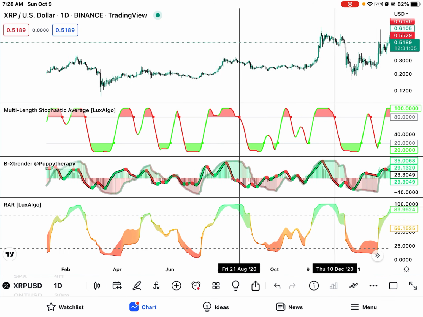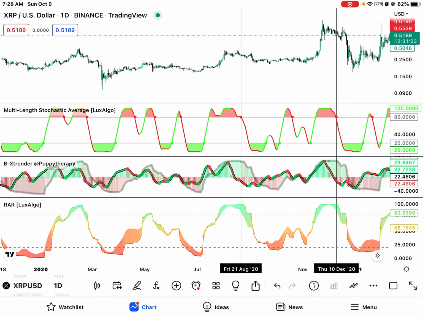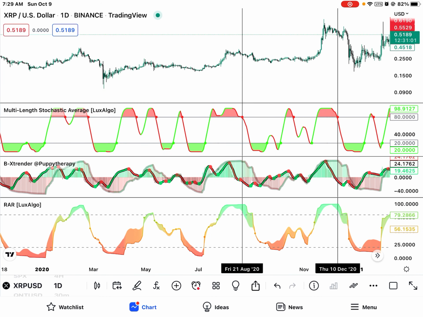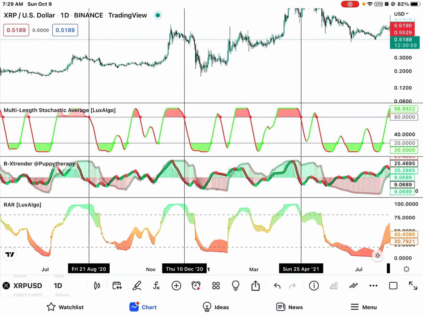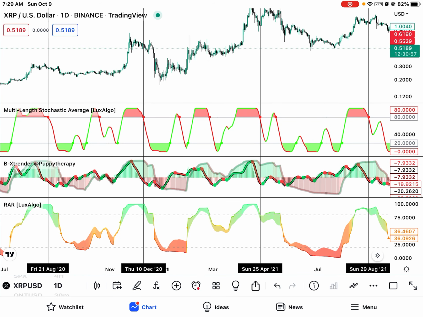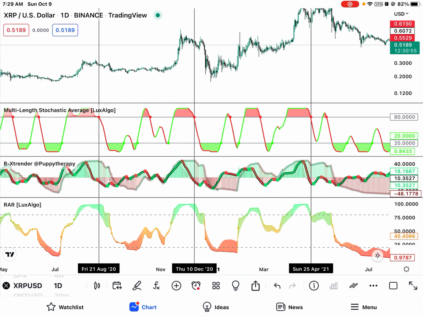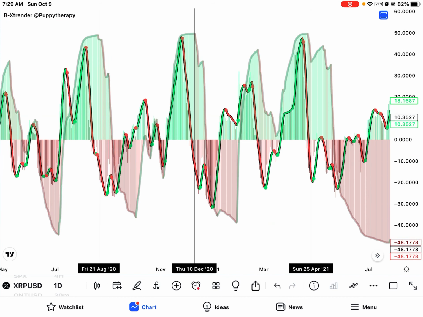So 2 years worth of data, and I played around with it a bit, and it actually goes back 3 or 4 years too. I did the calculations and I averaged everything out, and every time these 3 indicators line up, we drop at least 45%. So the multi-length stochastic has to flash red. The BX trender has to be below the 0 line.